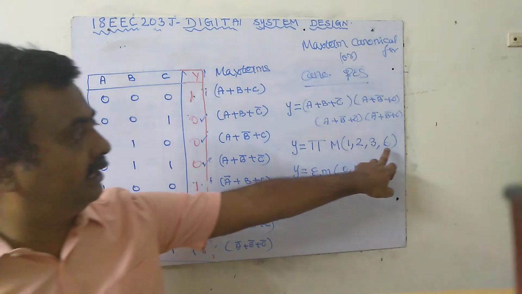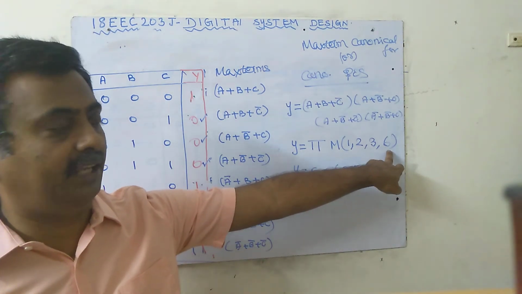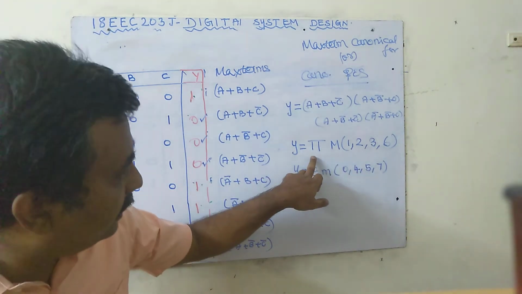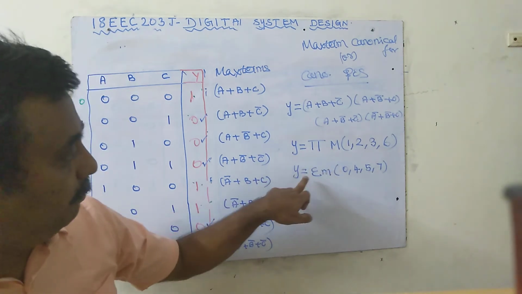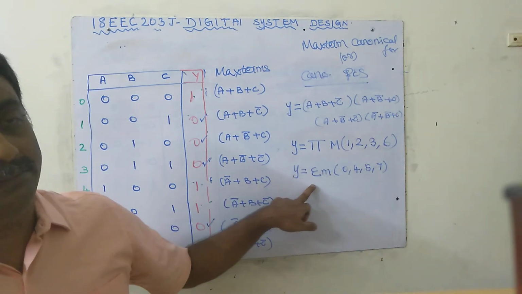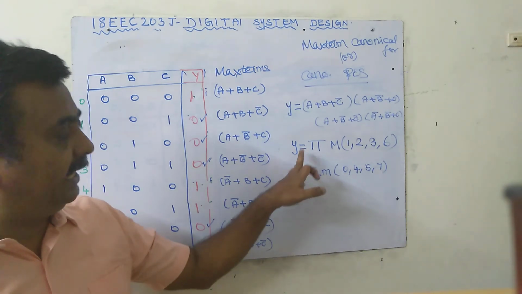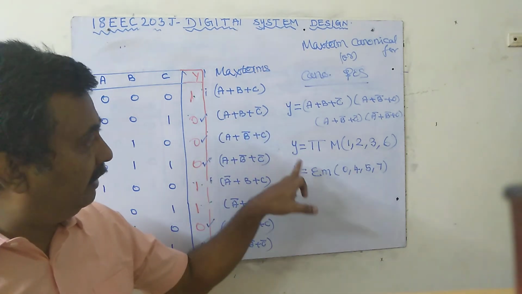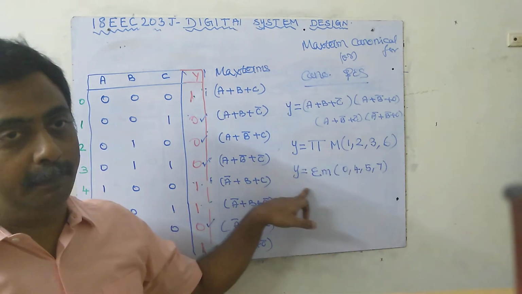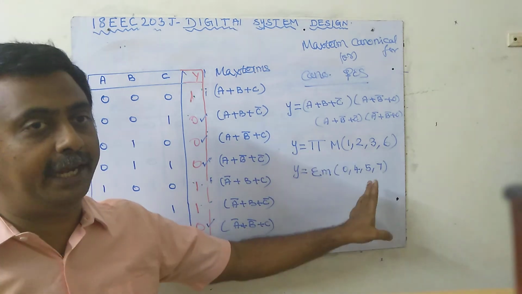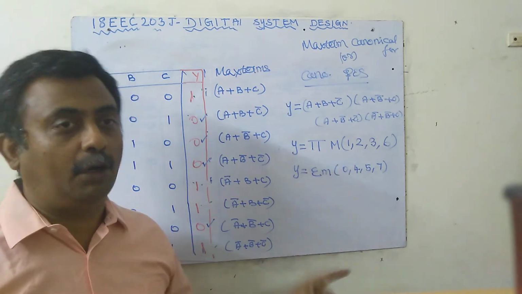Here it is less than or equal to 7, so it is a 3 variable function. That we can also identify. Max term means they will give pi, and min term means they will give sigma. From the examination point of view, they will give either min term or max term. The first thing is to identify how many variables, how many inputs there are.